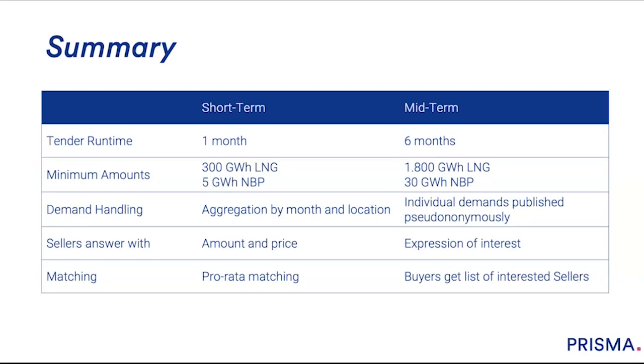Instead of aggregation by month and location, the individual demands are now published anonymously, and the sellers don't answer with an amount and a price anymore, but just express their interest. And matching changes from the pro rata matching, you might know from the short term, to now just delivering a list of interested sellers to the buyers, so that as a buyer, you can now contact interesting seller companies.